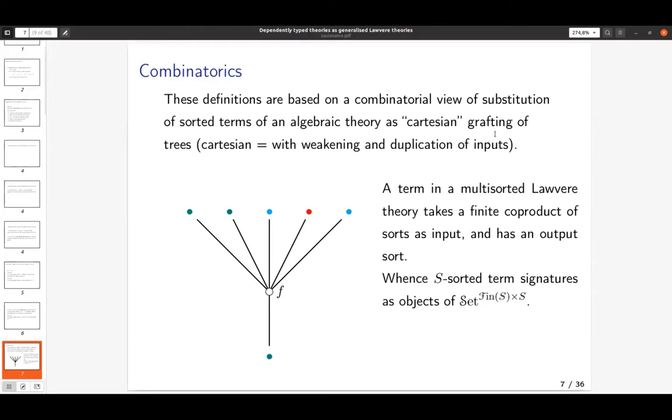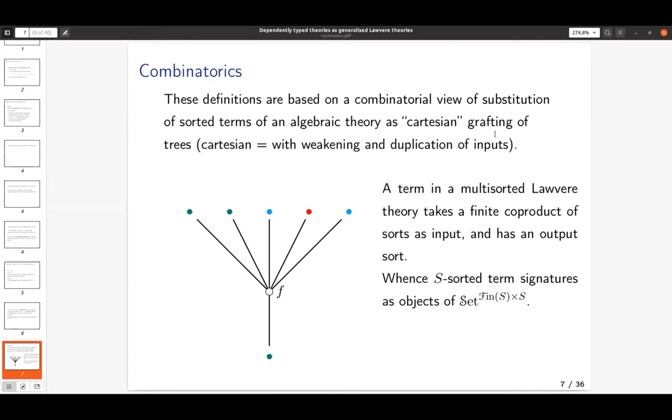So all these definitions have an underlying combinatorial picture, which is based on seeing the terms in an algebraic theory as being obtained by grafting function symbols of the algebraic theory and variables in a Cartesian way, which has to do with the fact that we can throw away or duplicate inputs of these corollas.